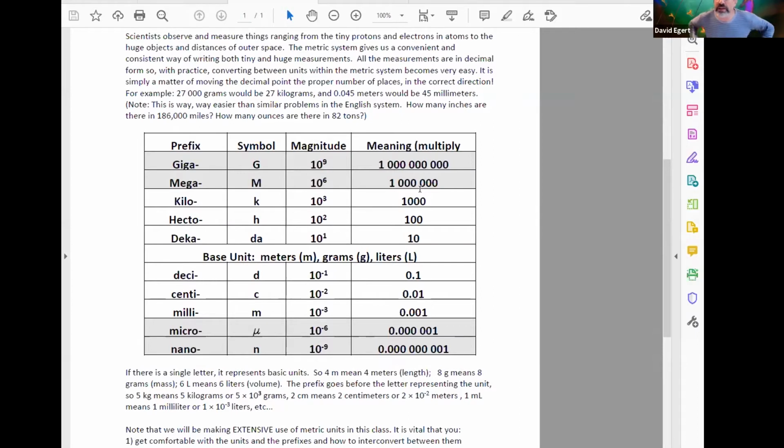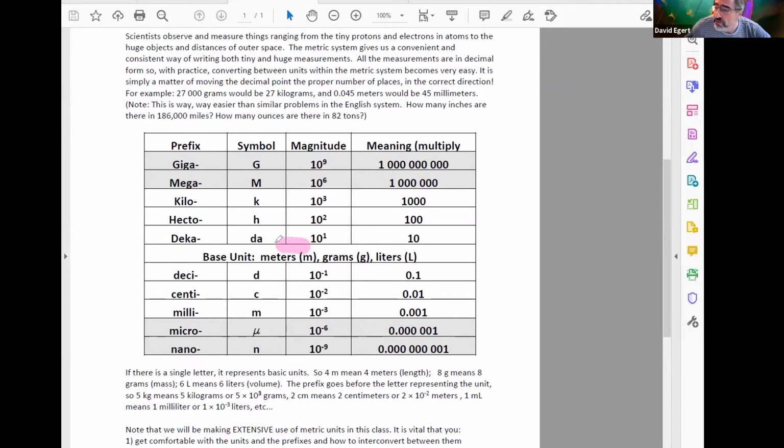When I was a little kid, I remember in elementary school, we learned this because pretty soon we were all going to SI, but it never happened. The United States and Britain, to a large part, still use imperial units. But in science, we always use these, and so it's really critical that you have a good sense of these.